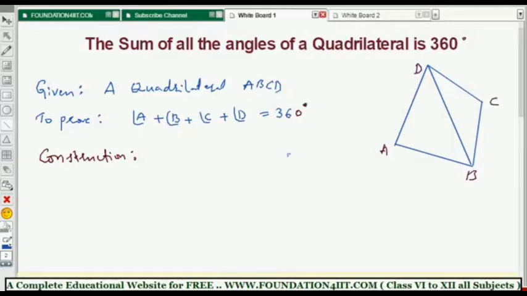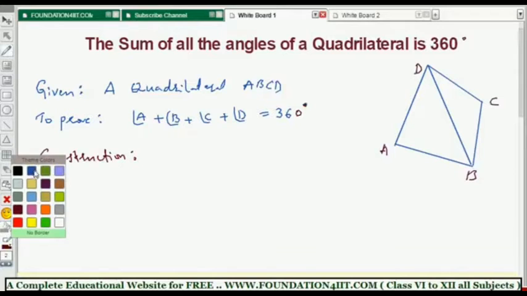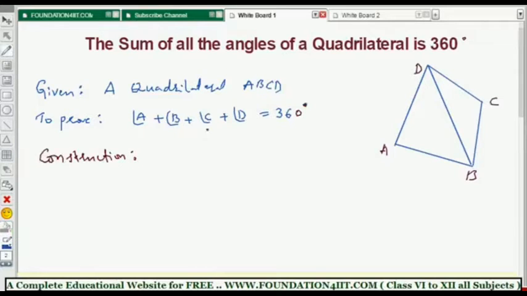We know the sum of the angles in a triangle is 180 degrees, so using that we will prove this. So the construction is: join B to D. That we did.